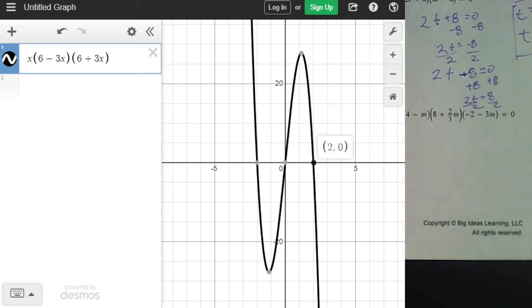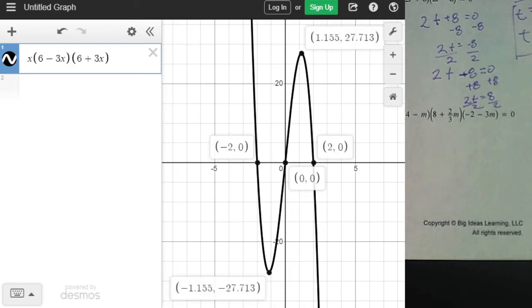So when we look at this, we right there see that it crosses at x equals negative 2, x equals 0, and x equals 2. So we get to see what that graph looks like when we do that. It has quite a few other features there, but we're focused right there on where it crosses the x-axis.